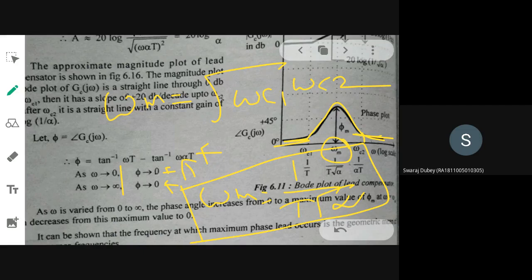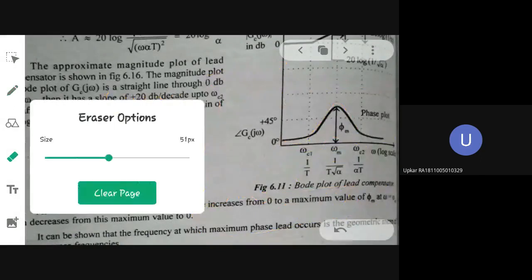Root over omega c1 omega c2. Yes, the final answer is omega m equals 1 divided by t square root of alpha.